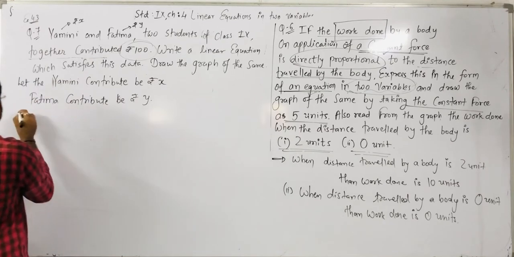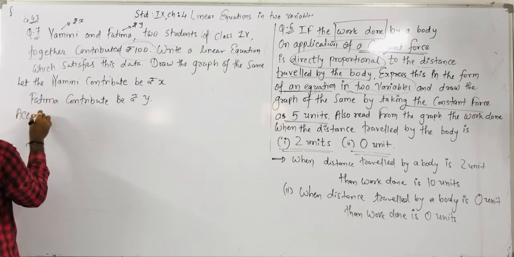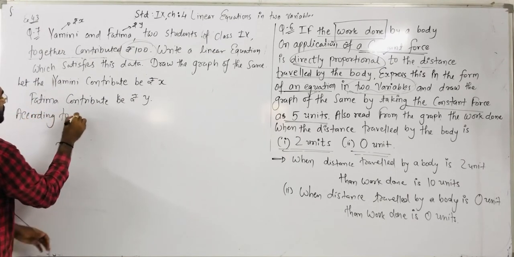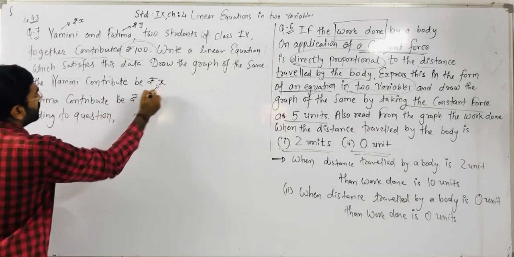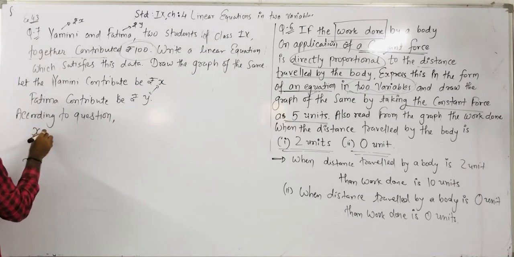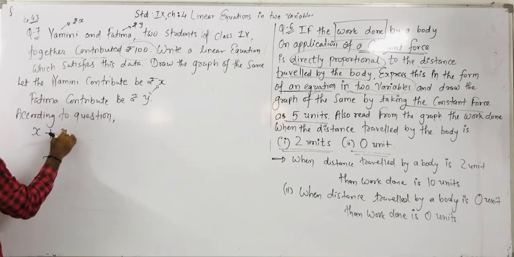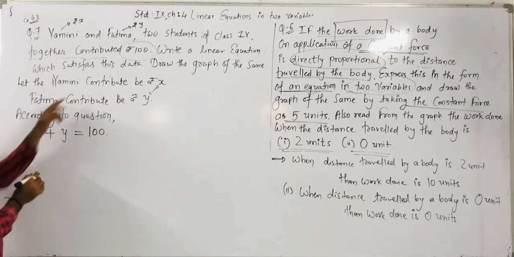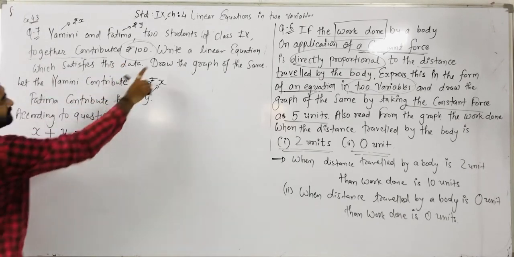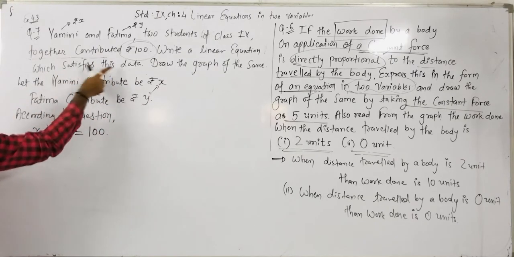So, as per the mention in the question, the together contribution is Yamini's contribution plus Fatima's contribution, which becomes 100. So x + y = 100 is the linear equation that satisfies the data.